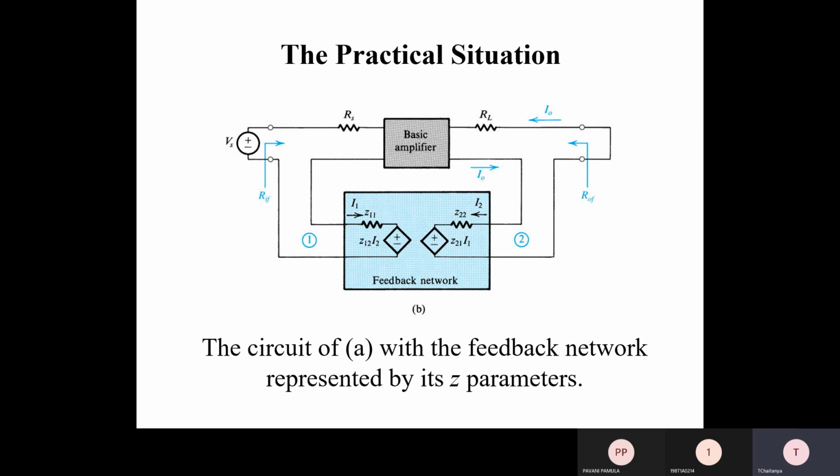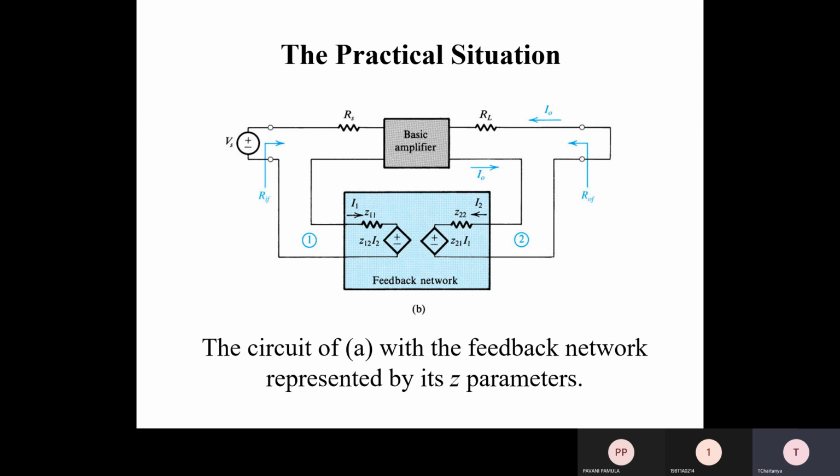That is I2, Z12 is the impedance, Z21 is also an impedance, the mutual impedance. I1 is here, so it passes to I2. I2 is applied in parallel as the input to the basic amplifier. So I1 is the amplifier source. Sorry, I0 is the amplifier output current.